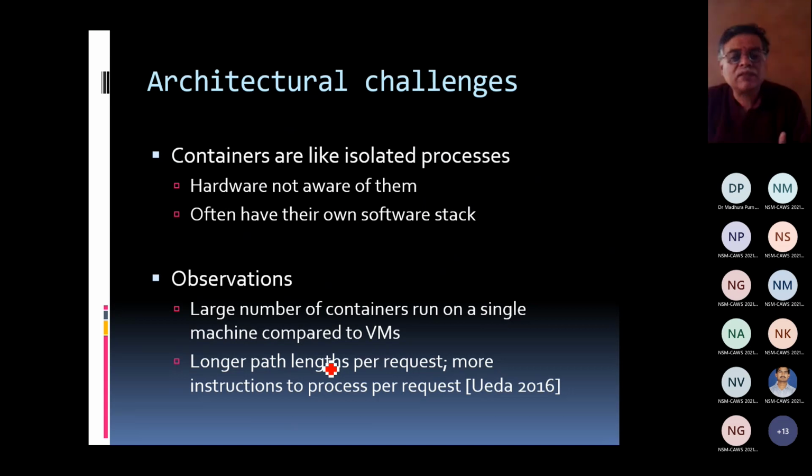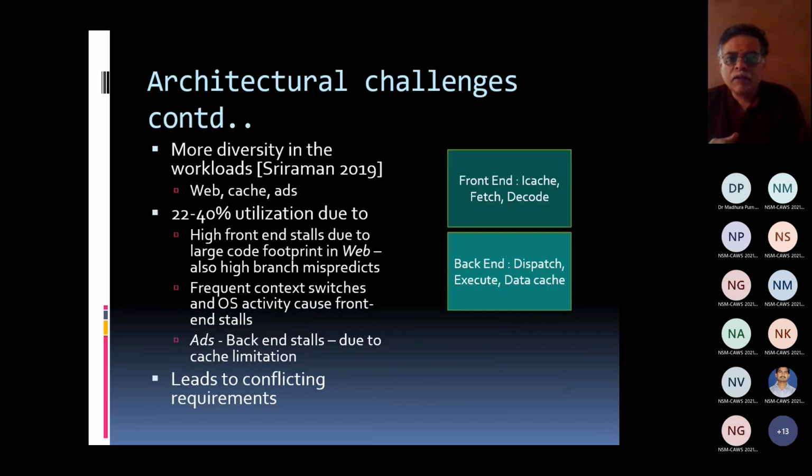The software stack started occupying more time than just the application itself. The application plus the software stack started to see 3x the number of instructions required to process a certain request. It was still beneficial because you have the benefit of scaling out. But from a hardware point, what do we see?